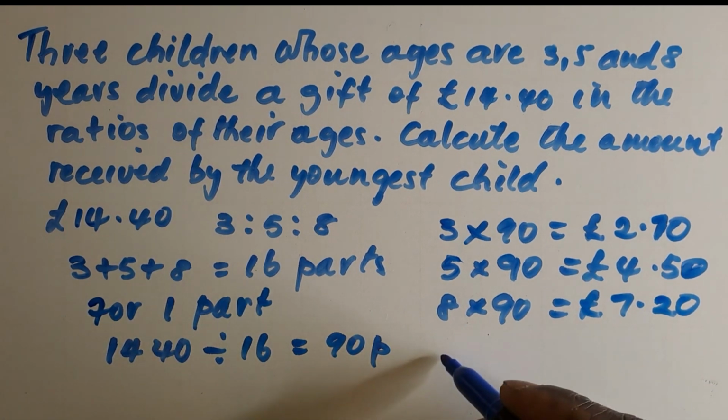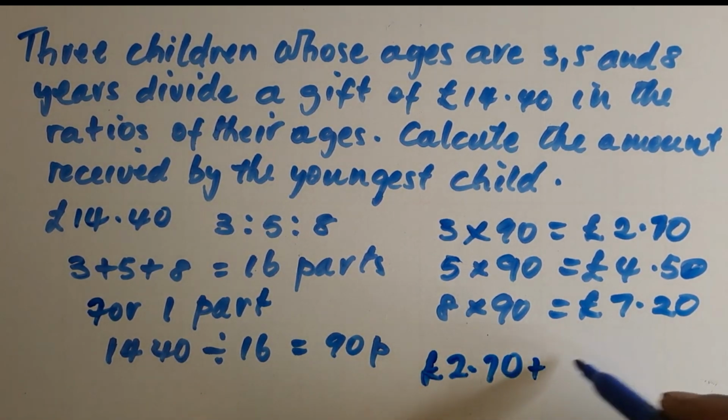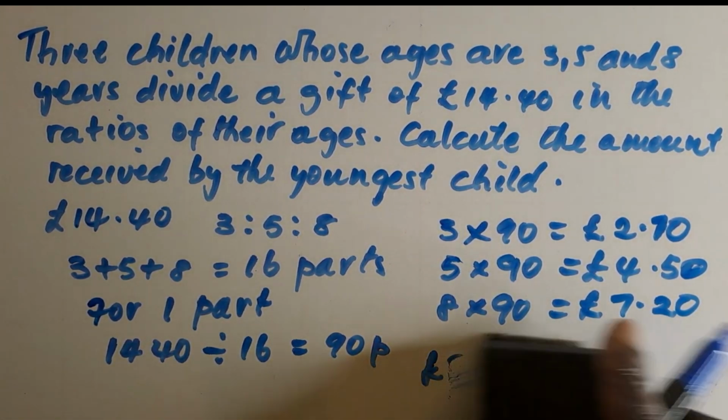So we have £2.70 added to £4.50 added to £7.20. Let's just put the signs at the end.